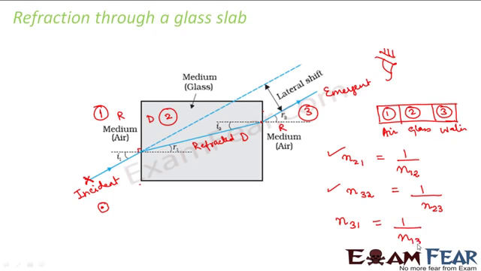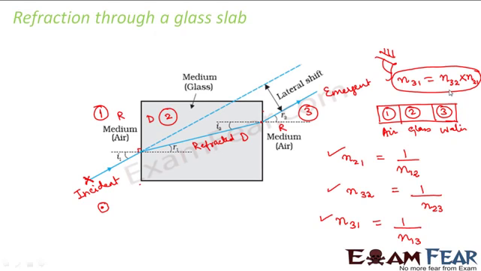It would be 1 by the refractive index of 1 with respect to 3. In such scenarios, I can also say that the refractive index of 3 with respect to 1 is equal to the refractive index of 3 with respect to 2 multiplied by the refractive index of 2 with respect to 1. So this is another important relationship which relates the refractive indexes of 3 different media.